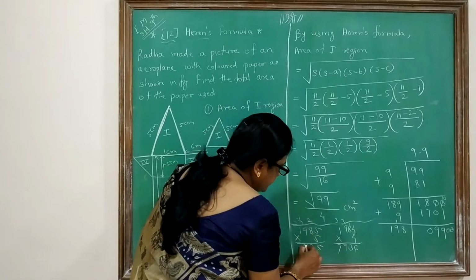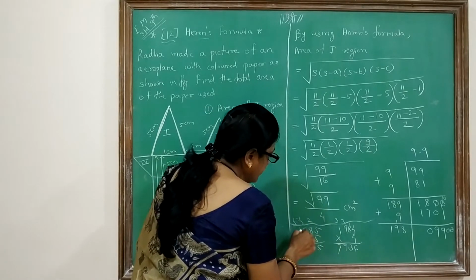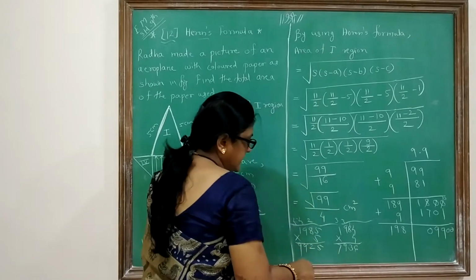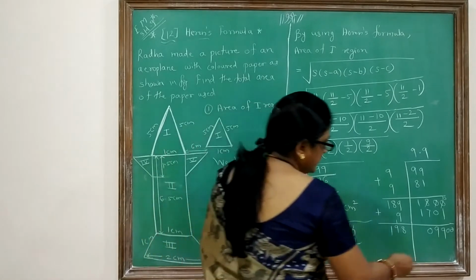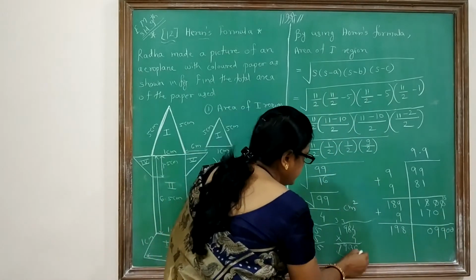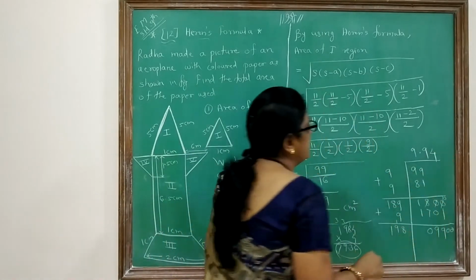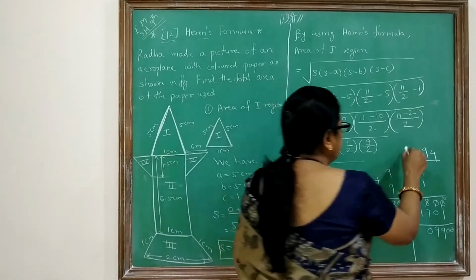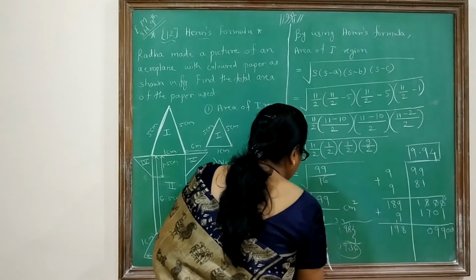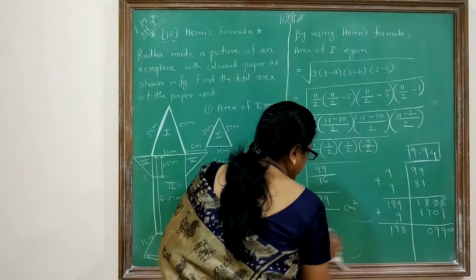But 9925 is greater than 9900, so you will take 4 here, so your value is 9.94. Then you will put the value here.